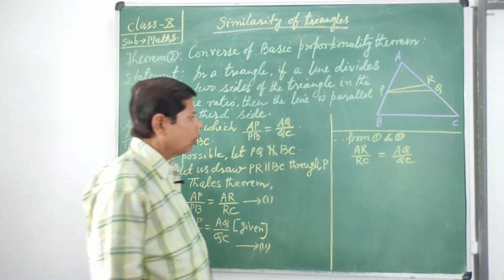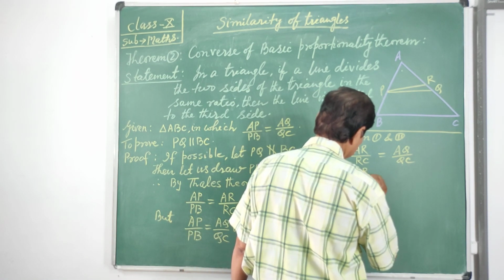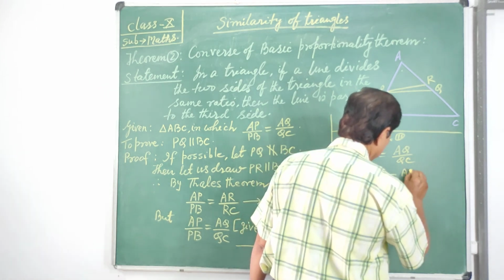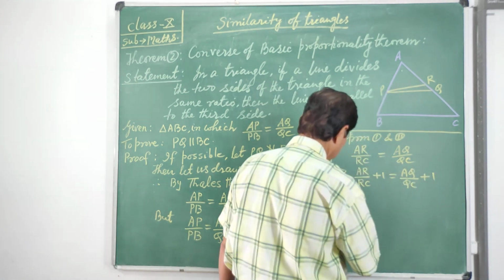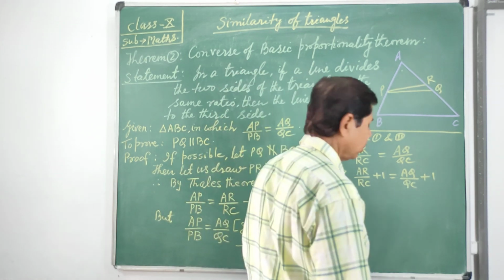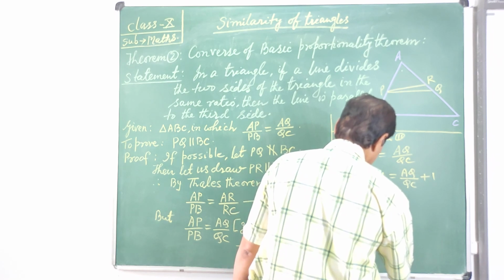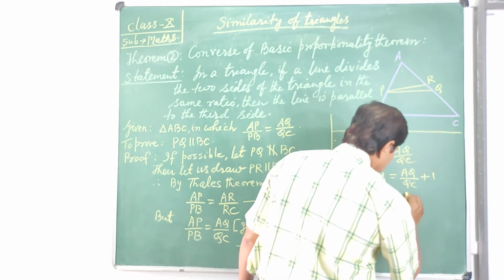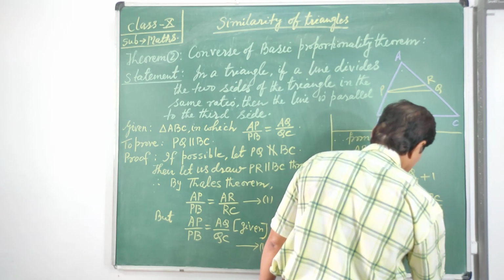Now adding 1 on both the sides, this implies AR by RC plus 1 equal to AQ by QC plus 1. Now, as in the previous theorem, taking RC as LCM and QC as LCM on the right hand side, it will be AR plus RC by RC equal to AQ plus QC by QC.